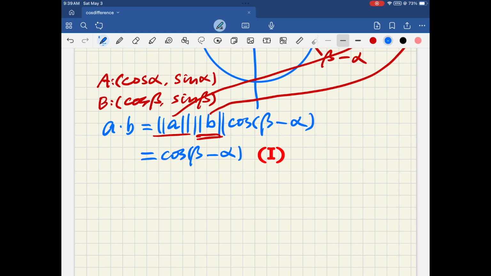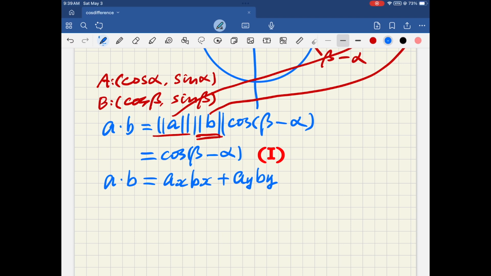Second, the algebraic definition. The dot product can also be calculated using the components of the vectors. If A equals (xA, yA) and B equals (xB, yB), then A·B equals xA times xB plus yA times yB.